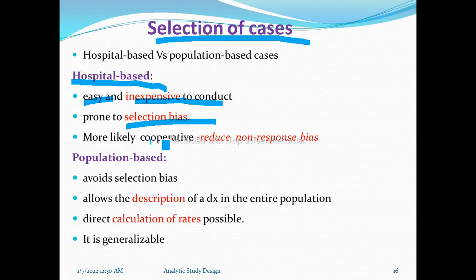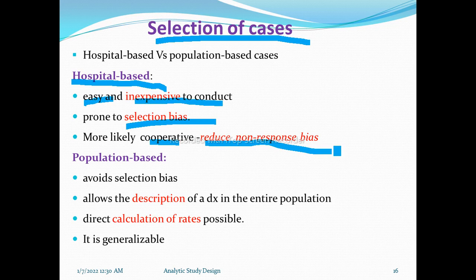They are more likely to be cooperative, which reduces non-response bias in the hospital, since they are found in the hospitals and they need care from physicians or health professionals. So when you ask them, they will be cooperative. So this reduces non-response bias.